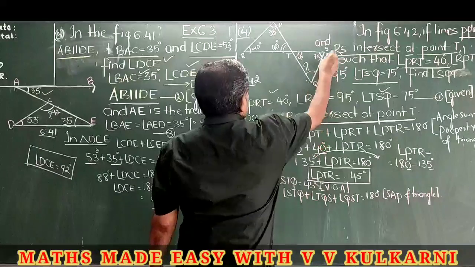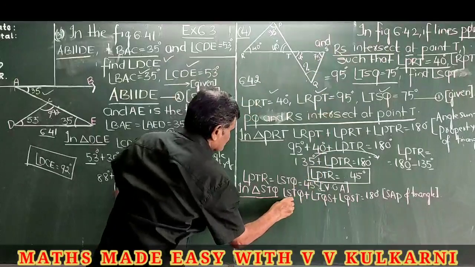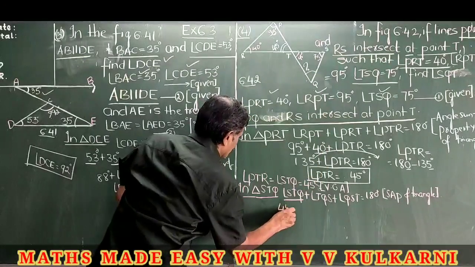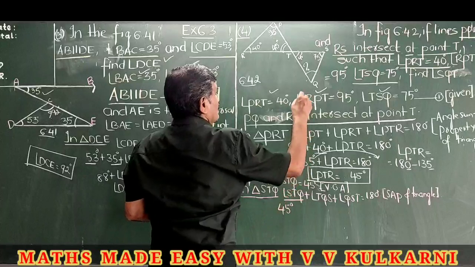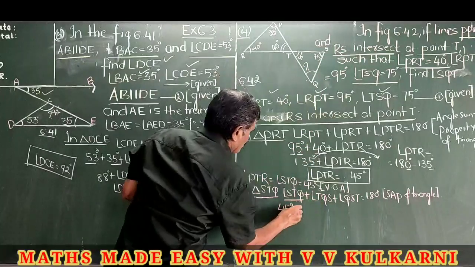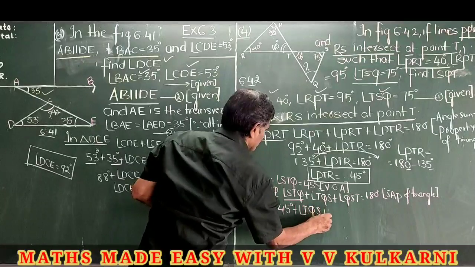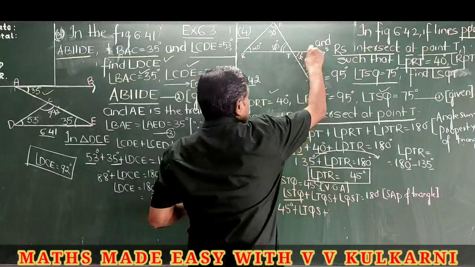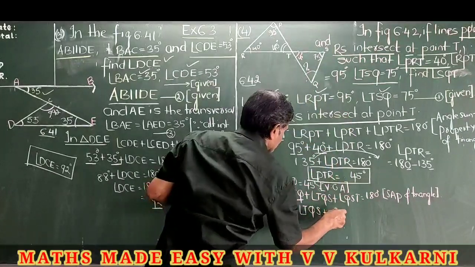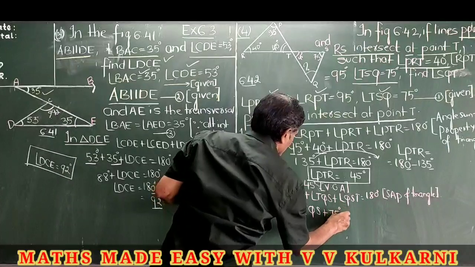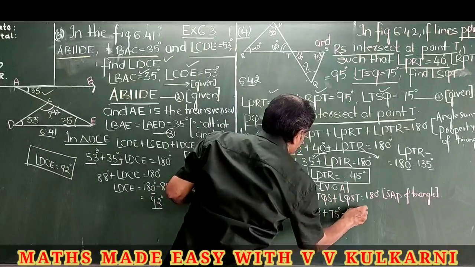So angle STQ is 45 degrees. Angle TQS I need to find out. Angle QST is 75, equal to 180.